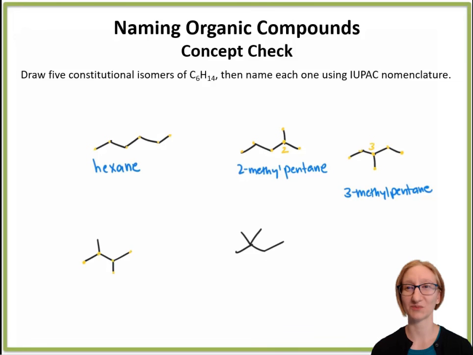Our fourth isomer has a methyl group on carbon 2 and on carbon 3, and a parent chain of 4 carbons. So this is 2,3-dimethylbutane. And finally, the last structure has 2 methyl groups on carbon 2 and is named 2,2-dimethylbutane.